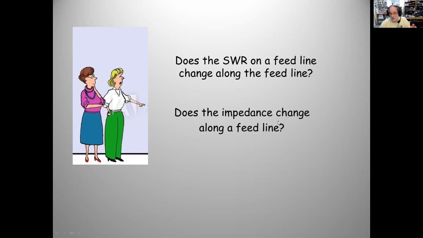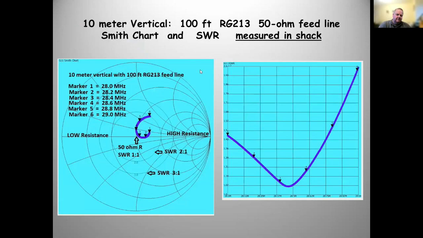It's not a dummy load. Maybe the SWR is 2-to-1, an average 80 meter dipole. If I move my NanoVNA 10 feet closer, 10 feet closer, do I get a different impedance at each place I measure? The answer is either yes or no. No, shouldn't. All right, so this is good.